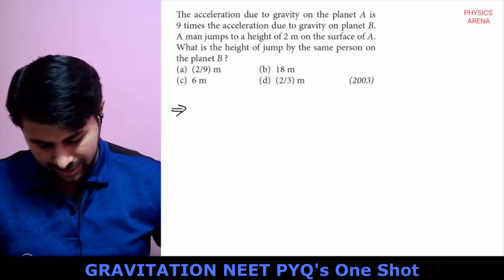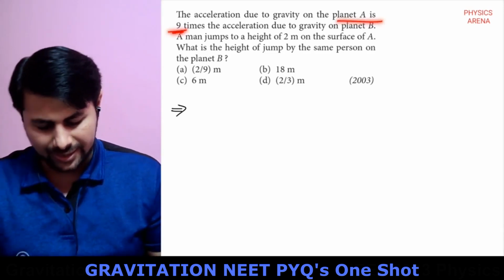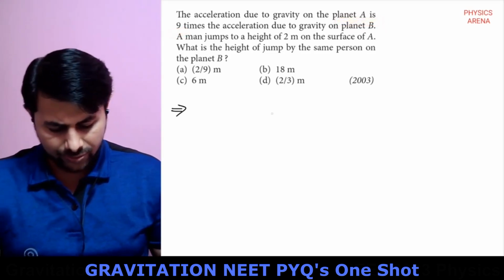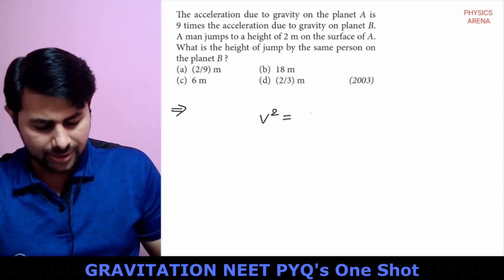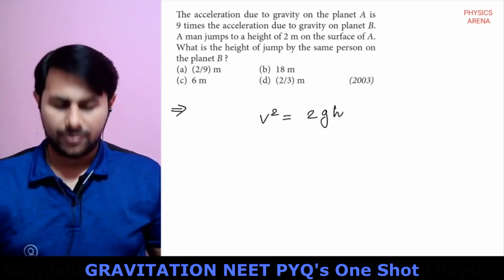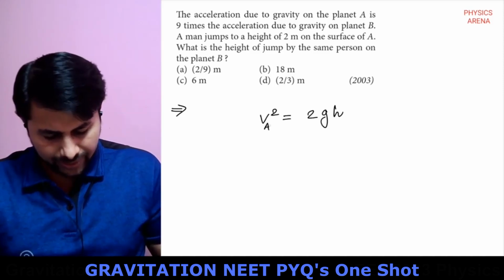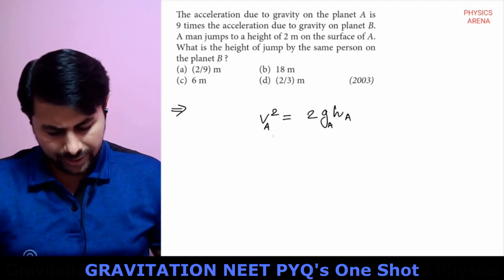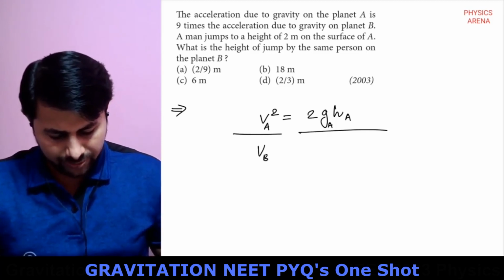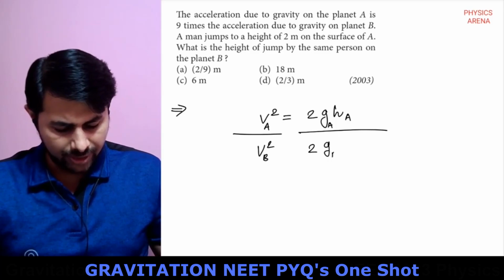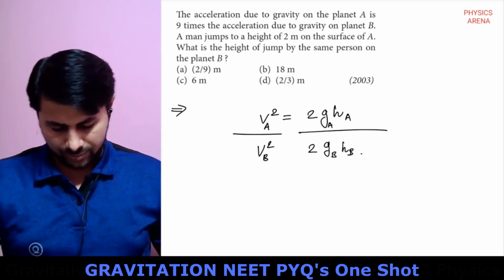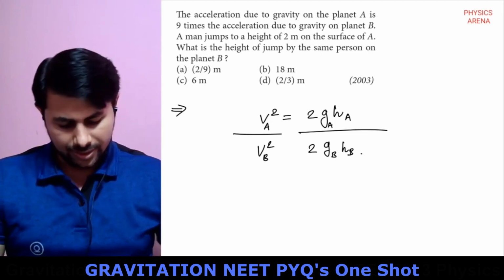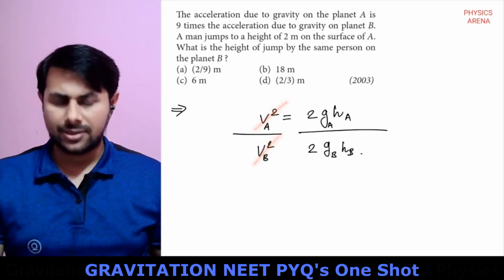We know that v square is equal to 2gh. So vA square is equal to 2 times gA hA, and we'll divide that by vB square, which is 2 times gB hB. But the same man jumps with the same velocity, right? So v square and v square are cancelled.